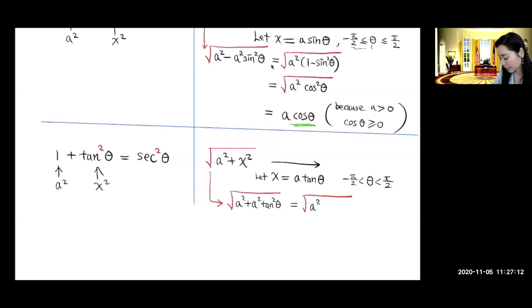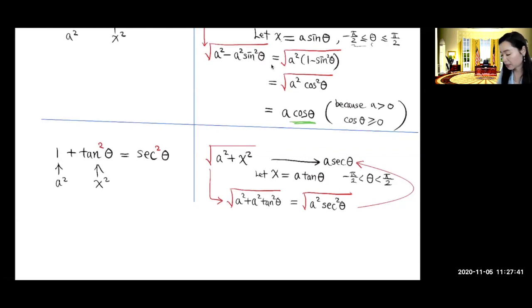So that will be a squared times secant squared theta, right? And when you take the square root of that, you're going to get a times secant theta. So by using this trig-sub, I was able to express this as a times secant theta. So we got rid of the square root there, okay?